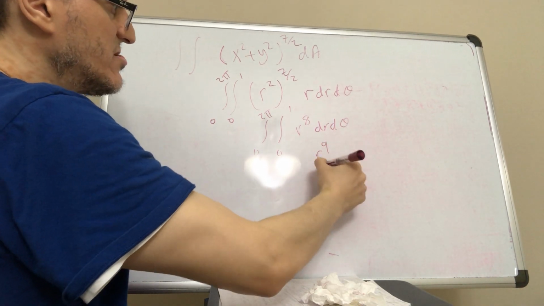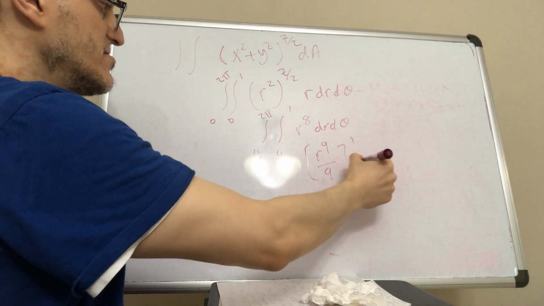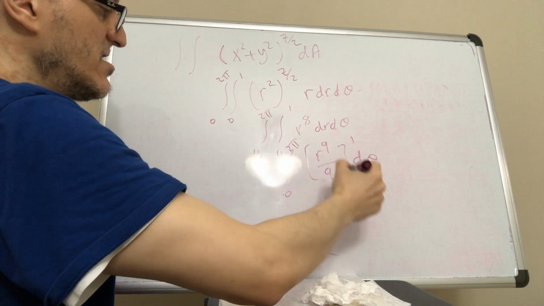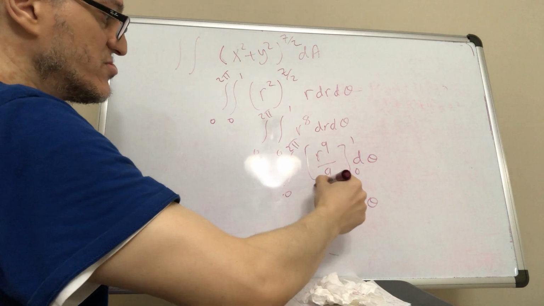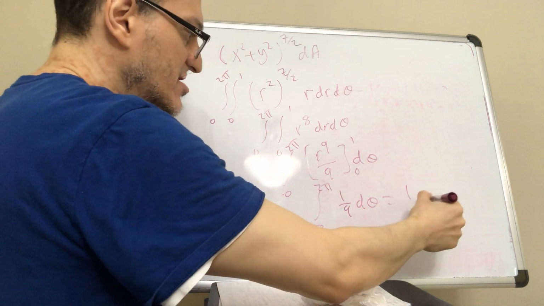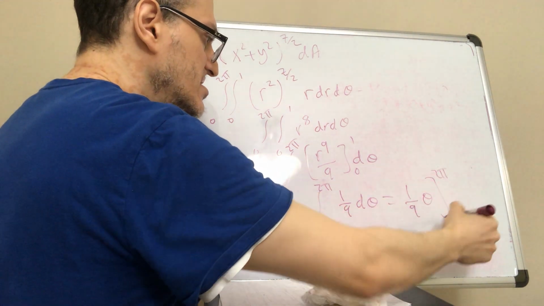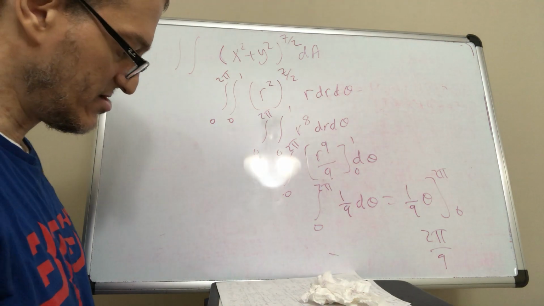Which is r to the 9 over 9, 0 to 1, d theta, 0 to 2 pi, 1 over 9 d theta, it becomes 1 over 9 theta, 2 pi and 0, so the answer is 2 pi over 9. Good.